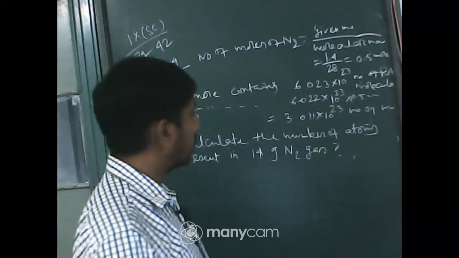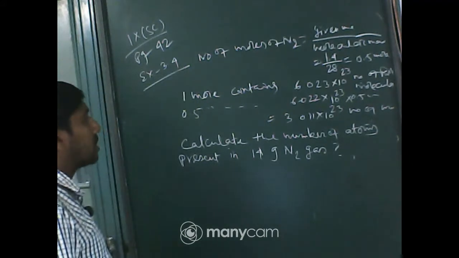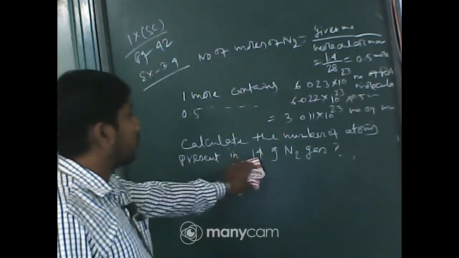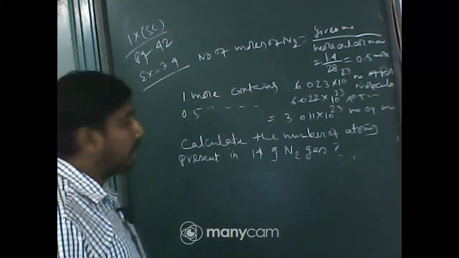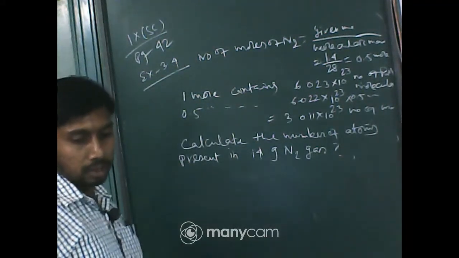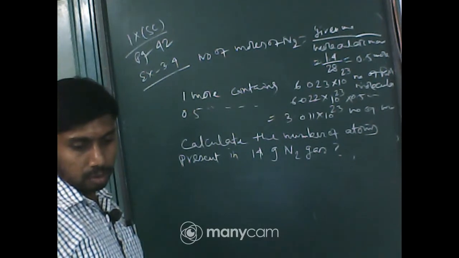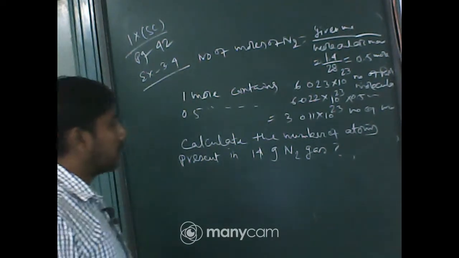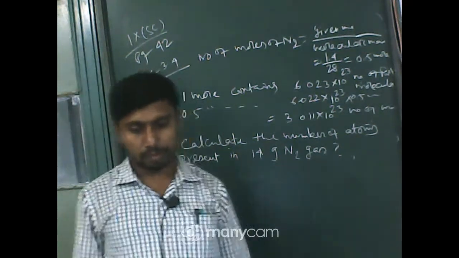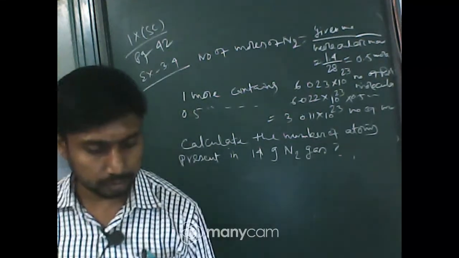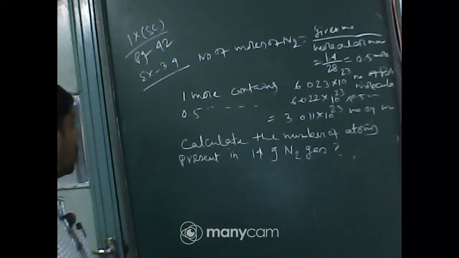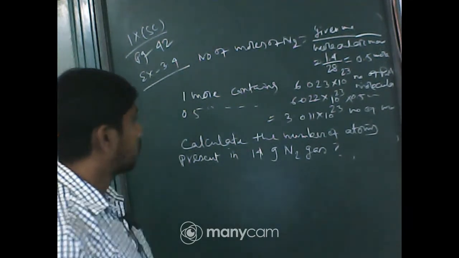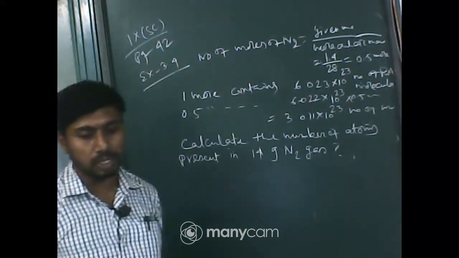Can you solve it? Three steps. First of all, calculate the number of moles, then the number of molecules, and then there is the new step. So solve it and tell me the number. Those who can solve it, try it. In the same way you will proceed.